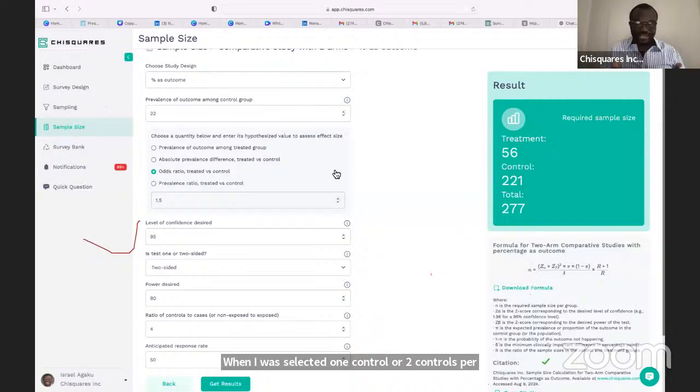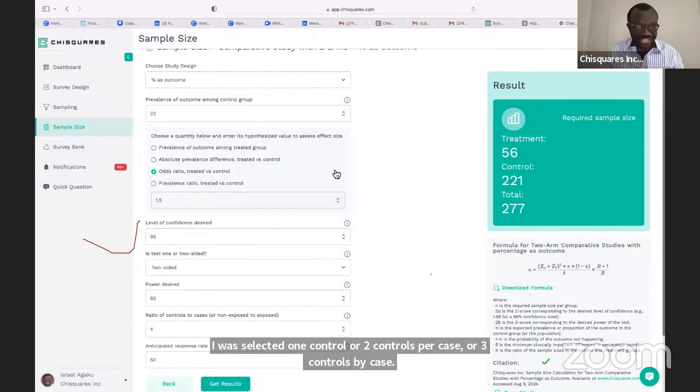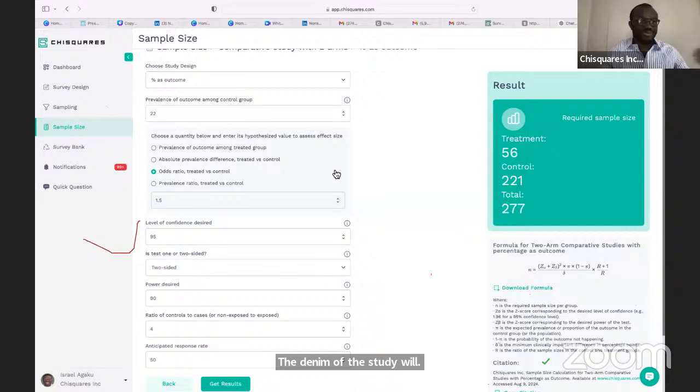The denominator of the study will constantly change. And so with one selection, you might have a prevalence of 22. That is why we can never, ever use case control studies to generate population prevalence. But yes, the reason why we do that is to enhance the power of the study.